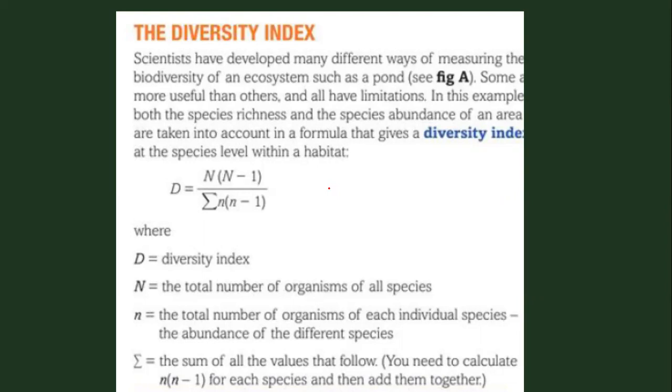Capital N stands for the total number of organisms of all species. The small n stands for the total number of organisms of an individual species, that is, the abundance of the different species.